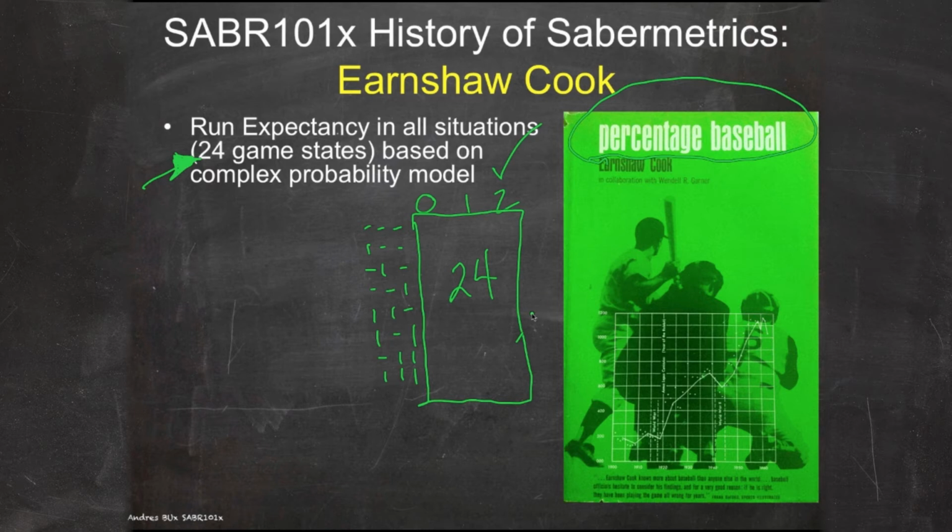He can start describing how the game will play out, that you can really play percentage baseball at this point, because you know the percentages. You know the percentages of all the different game states, the 24 game states, and you know the percentages of the scoring index based on the batter who's at the plate.